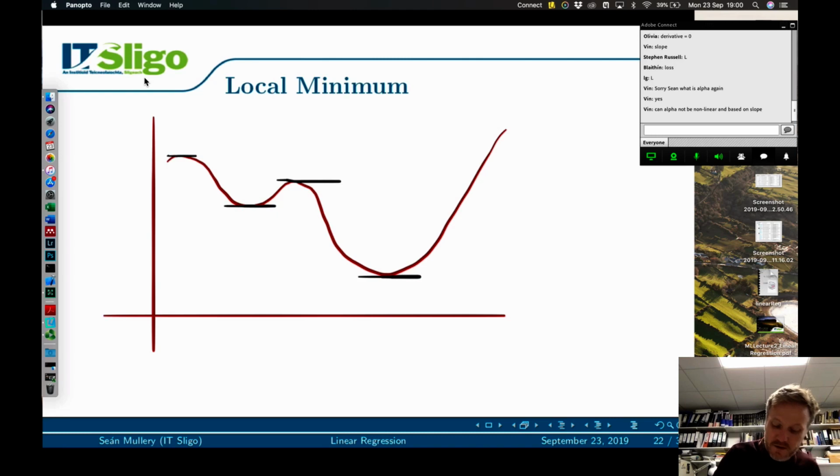Some are maximum points, some are minimum points. Assuming that we know how to tell a minimum from a maximum, which we can usually do by looking at how things are moving around it, we still have more than one of these. We've got one there and we've got one there. So this would be what we would call a local minimum.